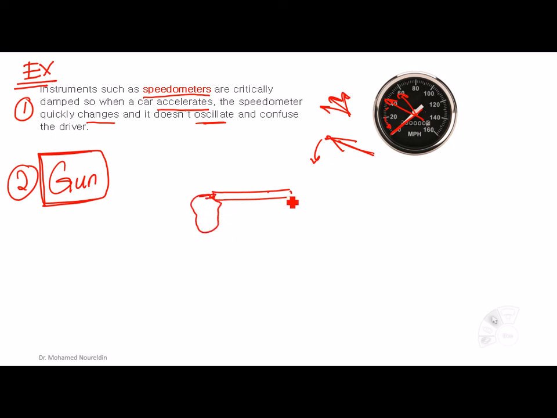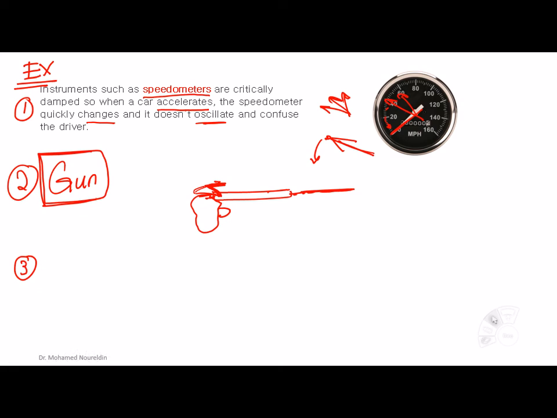Whenever the firing or shooting happens, this goes back after firing to the original condition in the shortest time between firing, so that you can use the gun easily without waiting.